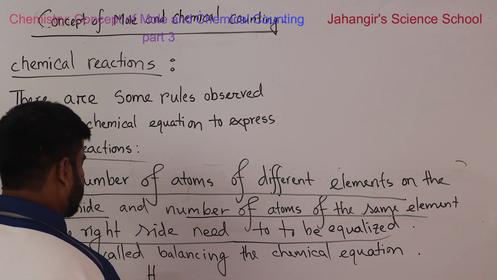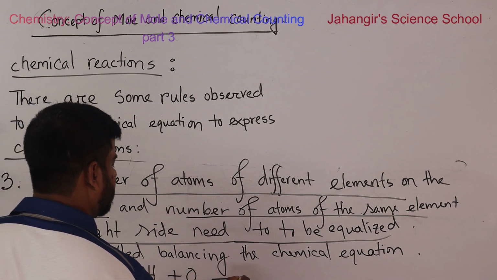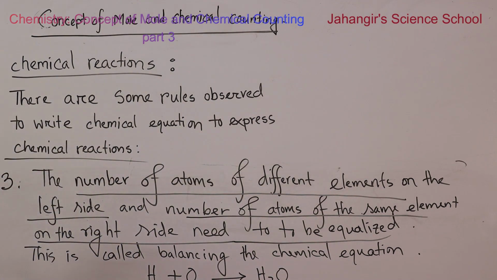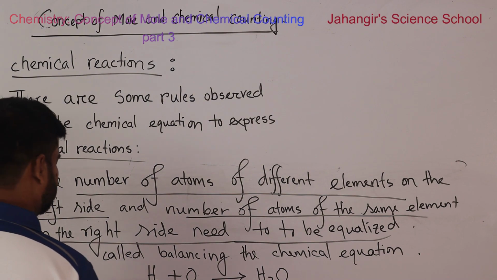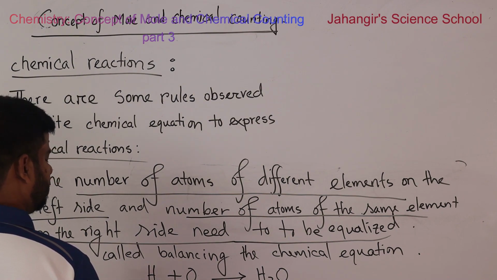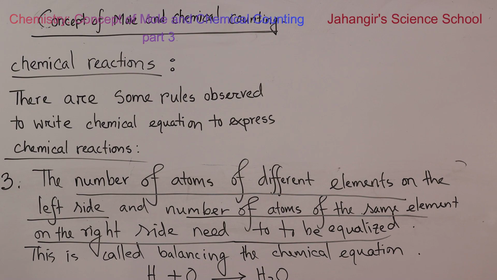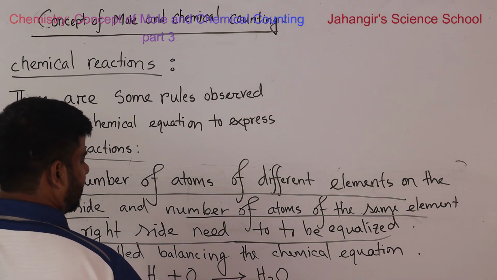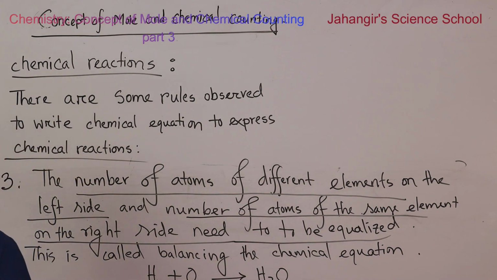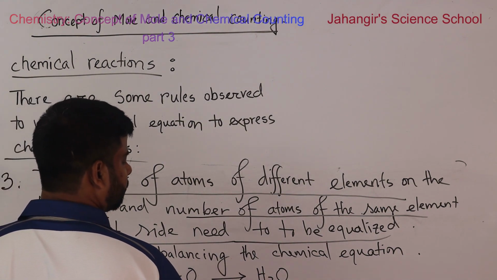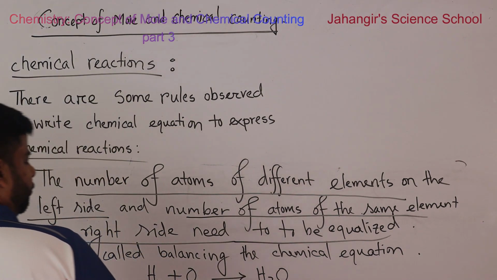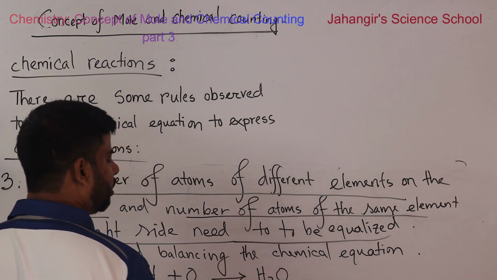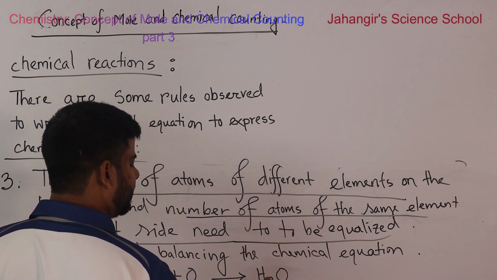Say hydrogen plus oxygen combine together and produce water. Look at the left side of the chemical equation. The number of hydrogen atoms on the left is 2, and on the right is also 2, but the number of oxygen atoms on the left side is 2, while on the right side it is 1.